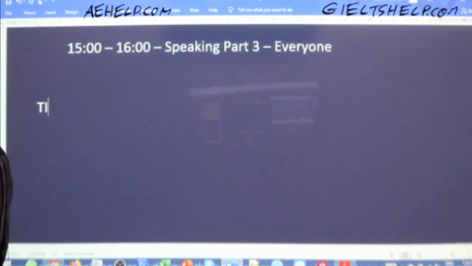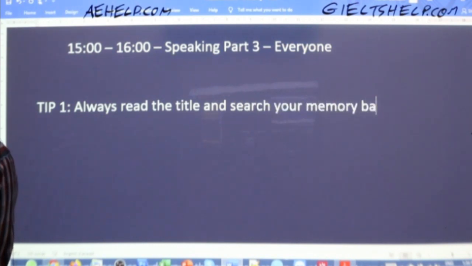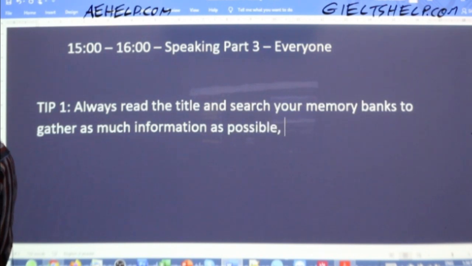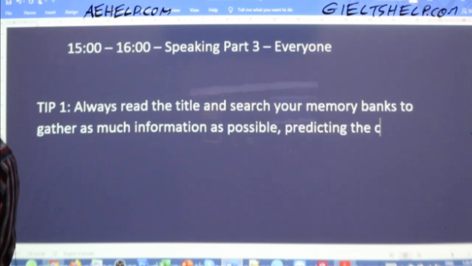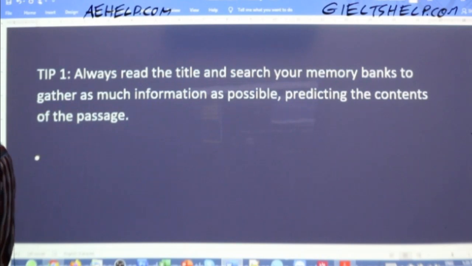So tip 1, always read the title and search your memory banks to gather as much information as possible, predicting the contents of the passage. Okay, so here the passage title is why do some people have red hair?